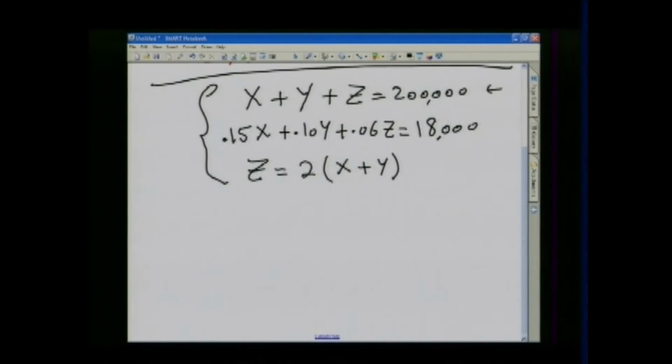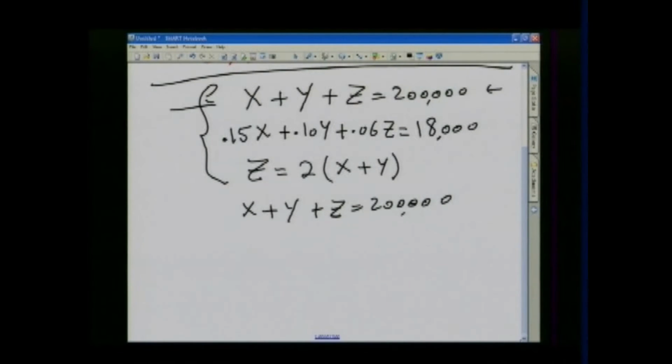You can solve this. One way I can do this problem is using matrix, using Gauss-Jordan. I can use substitution any way I want to. But let's rearrange these and see if they look better. x plus y plus z should be equal to 200,000.